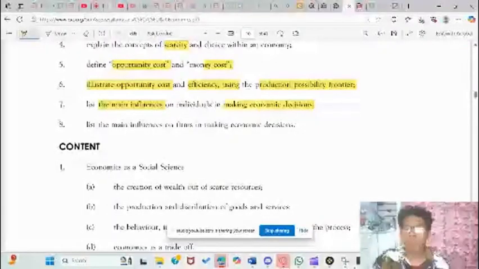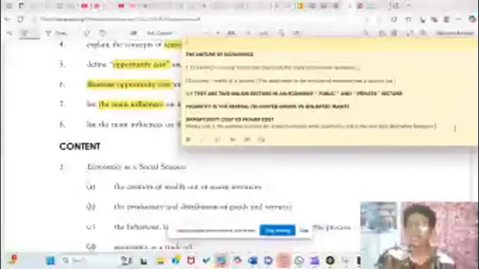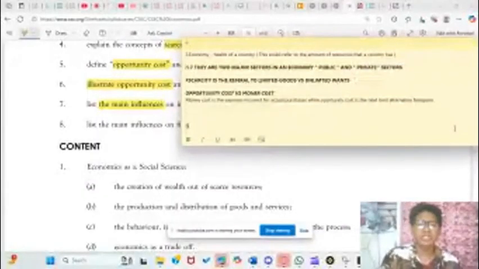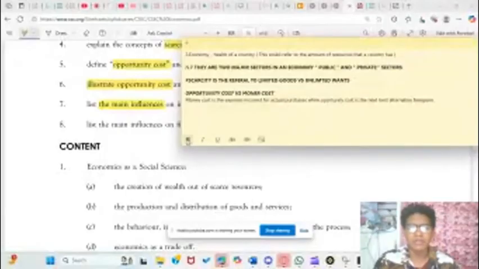We have something called the basic economical questions. Let me put that in bold because I believe this is very important.